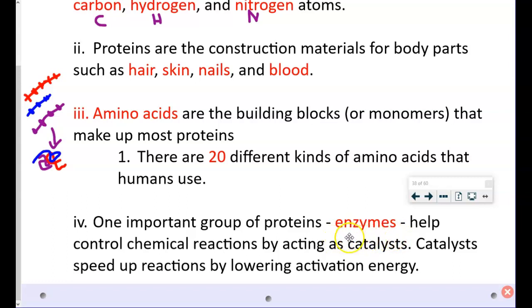So these are a group of proteins. So enzymes are made this same way with amino acids. They just have really important jobs in your body. So we're going to learn more about enzymes in a couple days. I just want you to connect to the idea that an enzyme is a kind of protein. So enzymes are also made of amino acids.